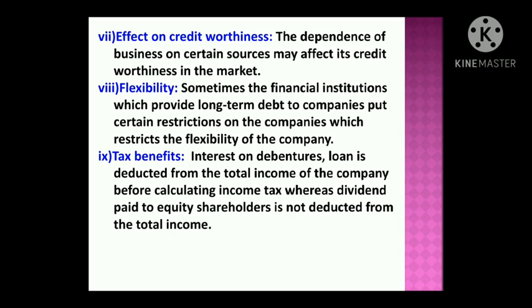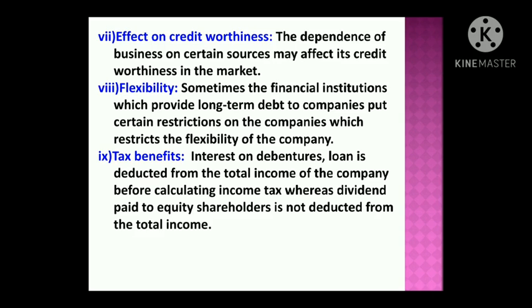That means some sources of finance mortgage the assets of the firm and reduce its credit worthiness, for example, debentures, secured loans, etc. Whereas some sources such as shares, unsecured loans, etc. do not put a claim over the assets. Hence, the result is no reduction in credit worthiness.